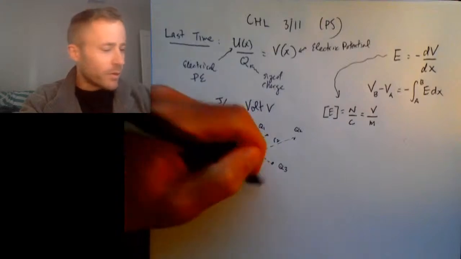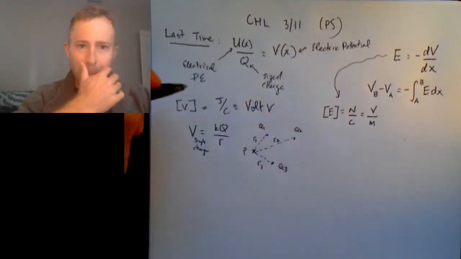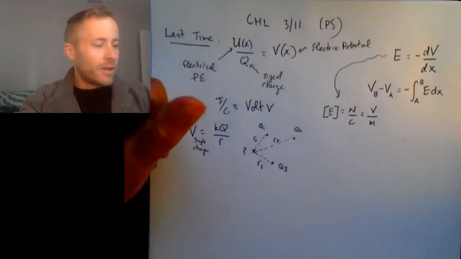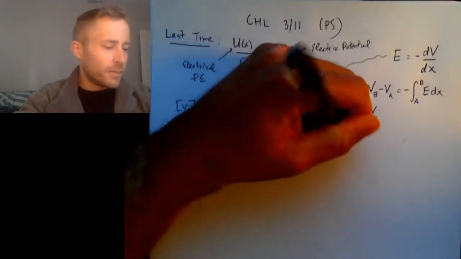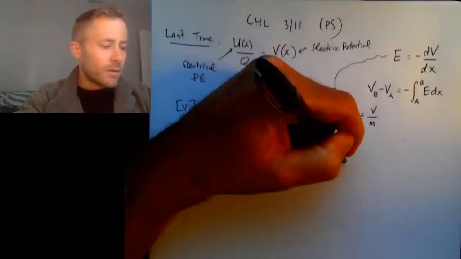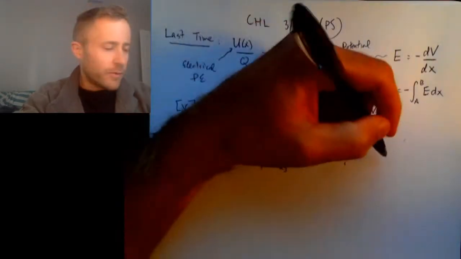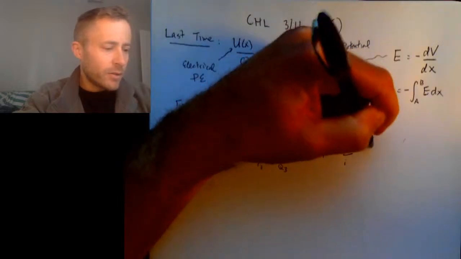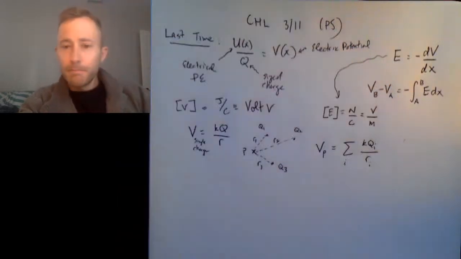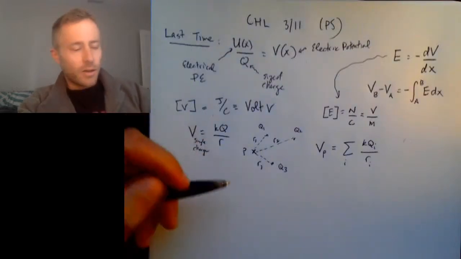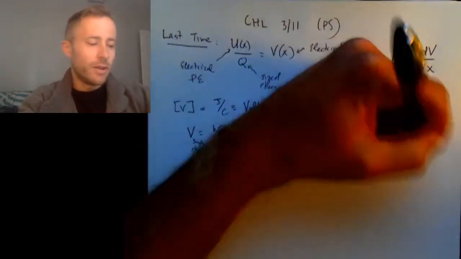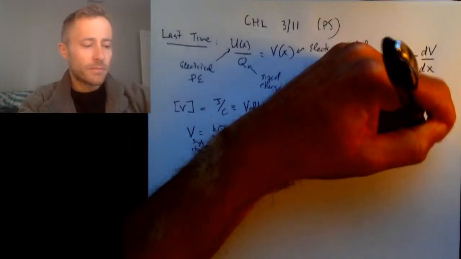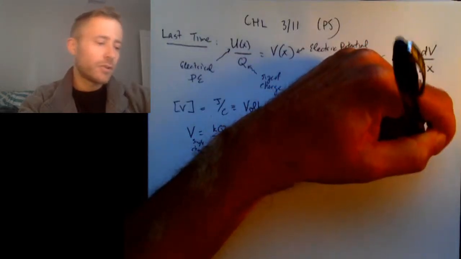Q3 from point P, I would call that R3. Okay. And then the potential at point P, due to all of these individual single charges, would be the sum over all the charges of K QI over RI. Okay, so that is how you compute the electric potential due to a discrete set of charges.